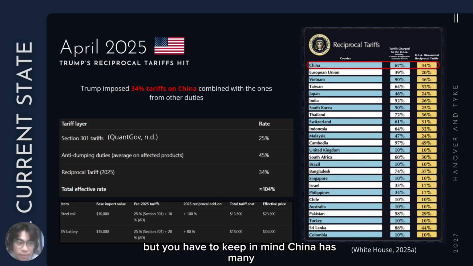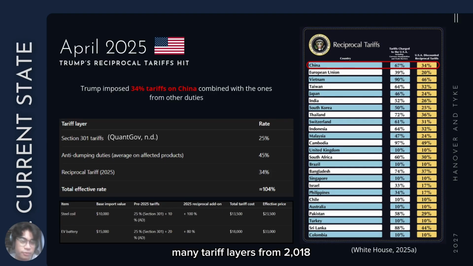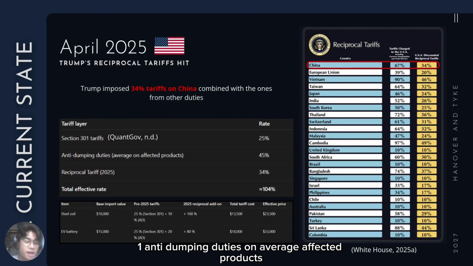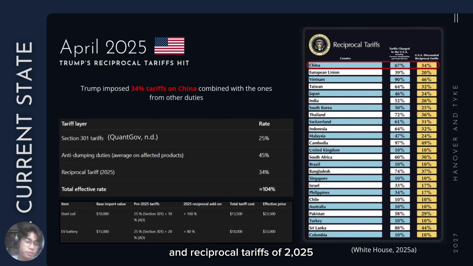But you have to keep in mind, China has many tariff layers from 2018, 2019, and 2020, such as Section 301, anti-dumping duties on average affected products, and the reciprocal tariffs of 2025. So all of that added up to an effective rate of 104% of tariffs.